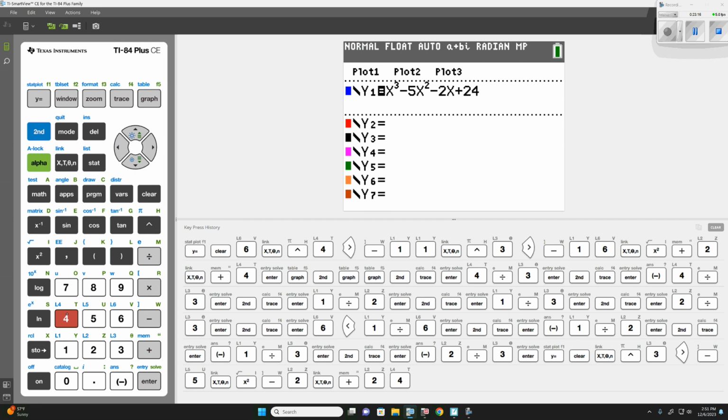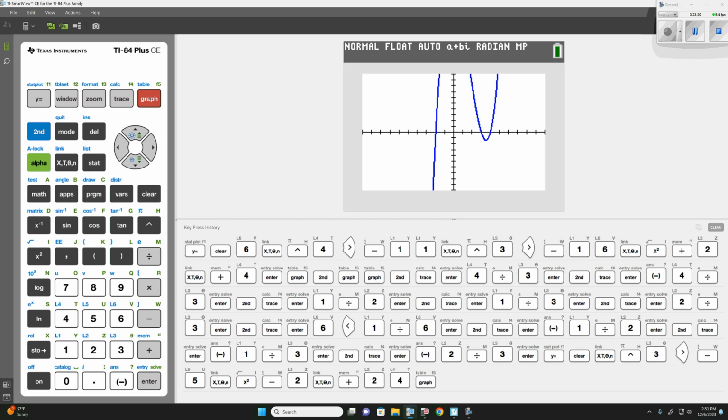Yeah. We have this graph here. Careful. Oh, are we on a different one? Oh, yeah.